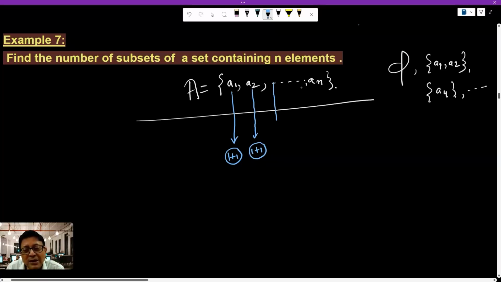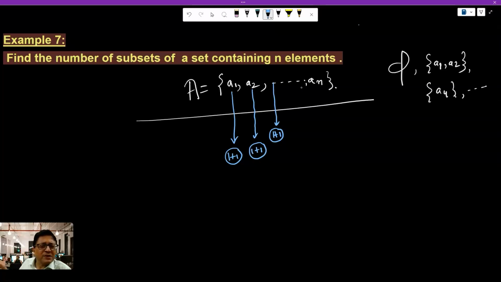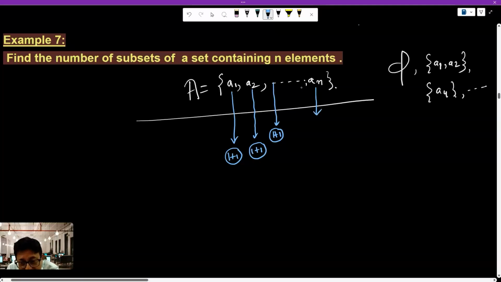Next one, A3, 1 plus 1. Either taken or not taken. The subsets are of this form. There is no compulsion that I have to take all or 2 only or 3 only. For an element there is a choice. You either take or you don't take. And the last one, how many ways? Again can be taken, 1 plus 1.